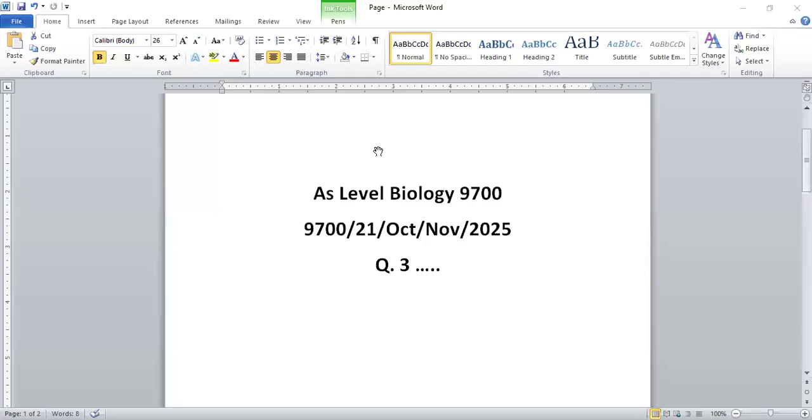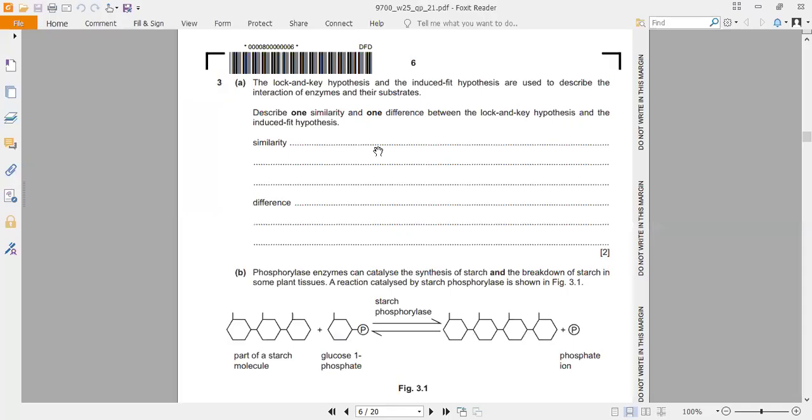The lock and key hypothesis and the induced fit hypothesis are used to describe the interaction of enzymes and their substrate. Describe one similarity and one difference between the lock and key hypothesis and the induced fit hypothesis.